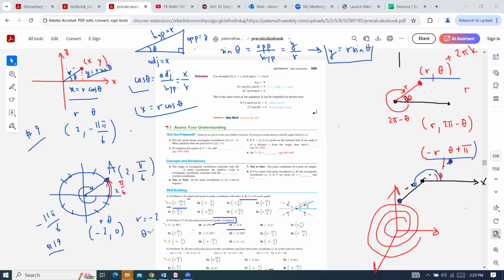So that way will be more straightforward for us to decide. So what I do is I take angle theta, which is 0. So it goes along my positive direction. And now I need to put 2, but since it's negative, it'll be here. If that's my pole, then the point is here.